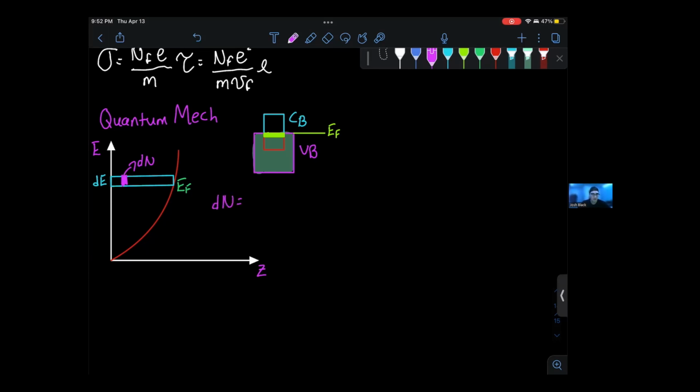So dN is the number of electrons per energy level. So we're going to take the density of states at our Fermi level, and we're going to multiply it by our dE, our little energy level, to see how many electrons we have there.